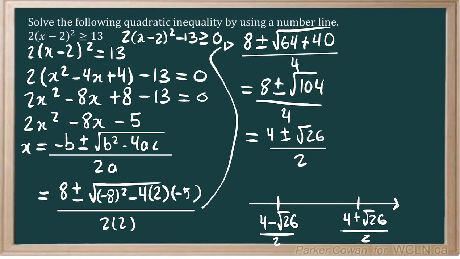So we just write on this number line, because it's going to be the portion that's above, it's going to be from this point onwards and from this point onwards. And because we're using a greater than or equals to sign, we're going to want to use a solid circle.